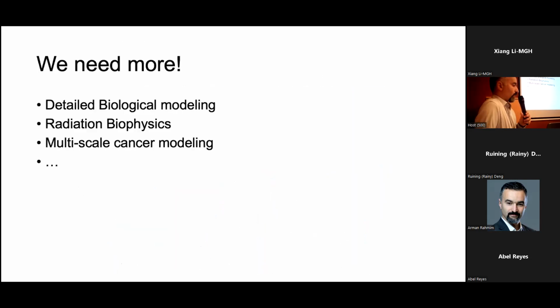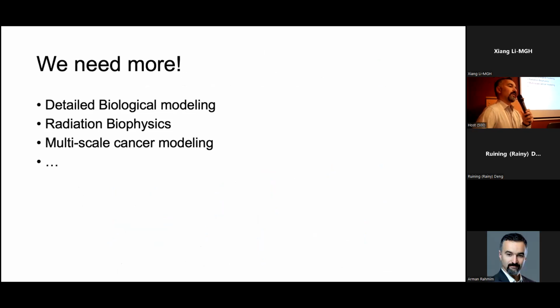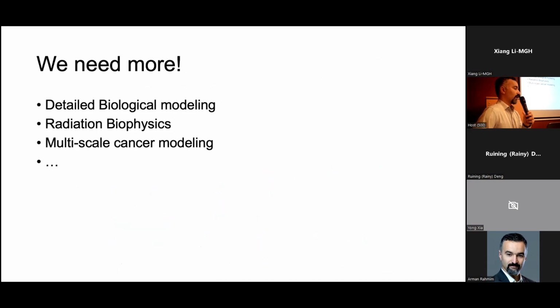So we need a lot more things to happen. For example, with the existing phantoms, we cannot predict if you do chemotherapy on the patient, how much is going to go where, and how it's going to treat the patient, or things like targeted therapies. I'll talk about radiopharmaceutical therapy, where you inject a radioactive material into the patient, and it goes to different parts.